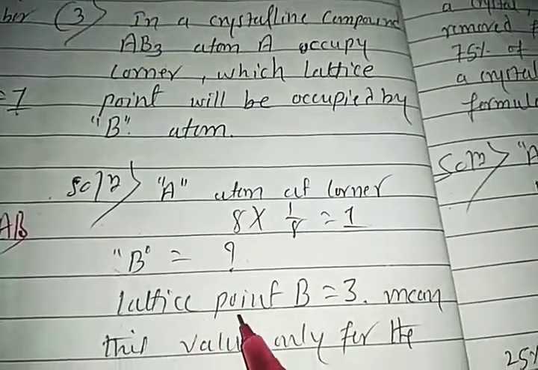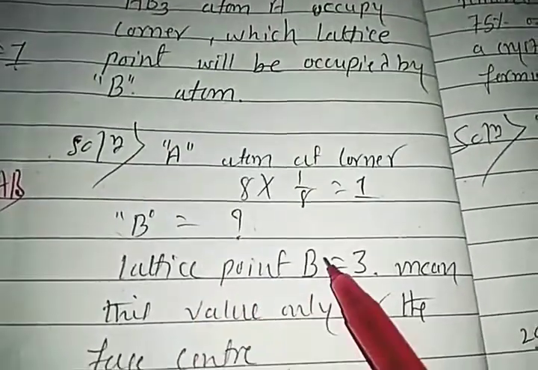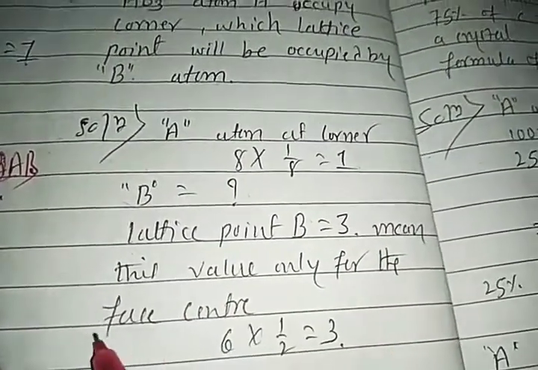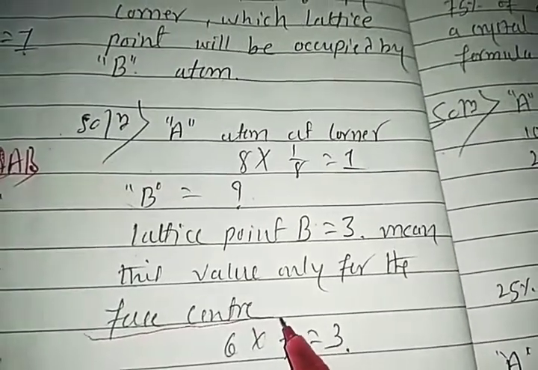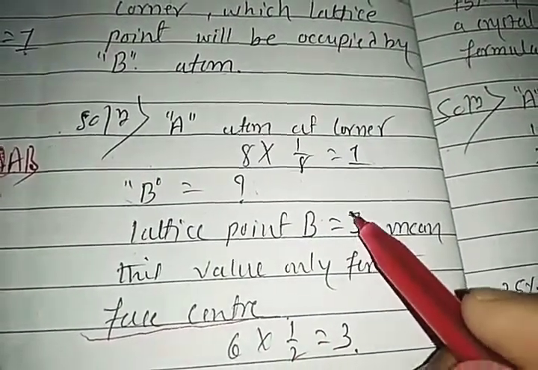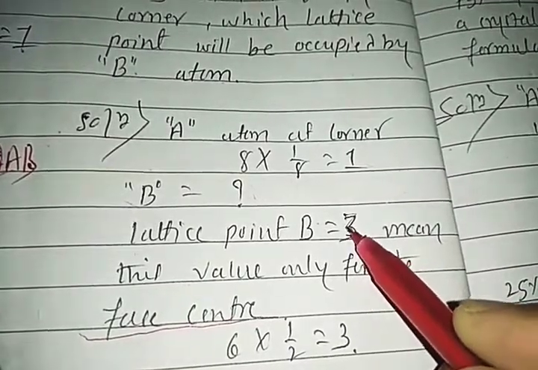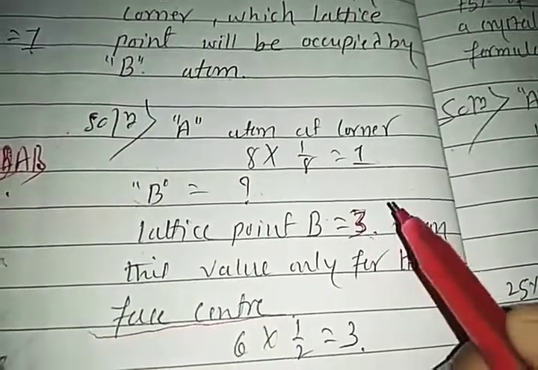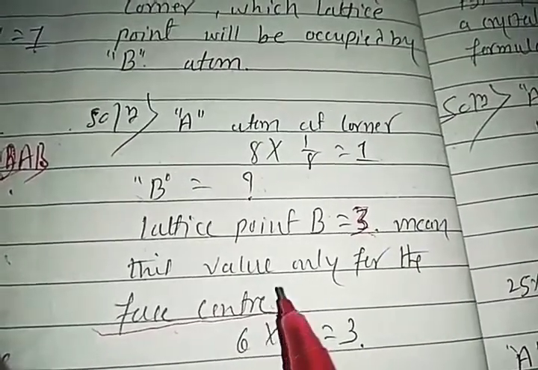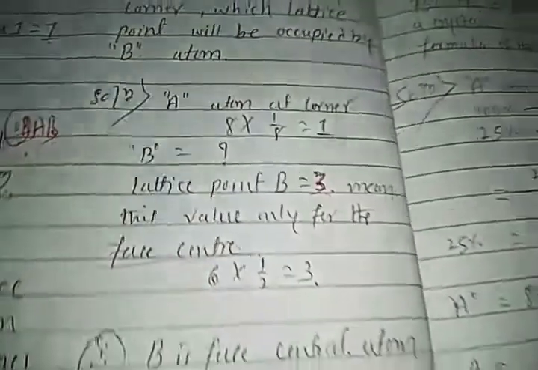If any lattice point has the number of atoms as 3, it is occupied at the face center.